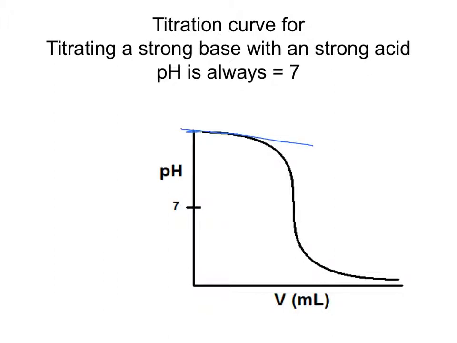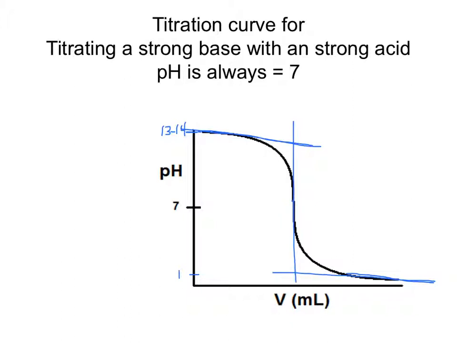In this titration curve, we are actually starting with a strong base. I can see that because I'm up here about 13 or 14. And it's being titrated with a strong acid because it's down here about 1. So I'm doing the same thing I've done before. I'm drawing lines tangent to those starting and stopping points. I'm finding the vertical region, and I'm going to draw it up and down until it intersects those two lines.